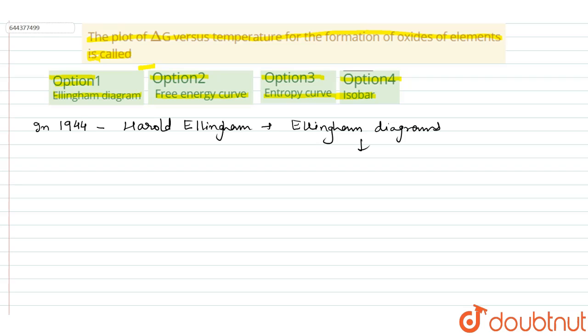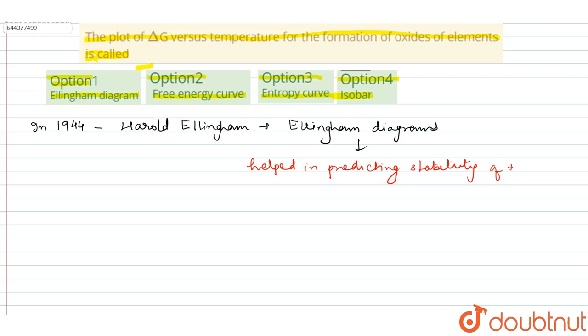Ellingham diagrams helped in predicting stability of thermal reduction of ores of different metals.